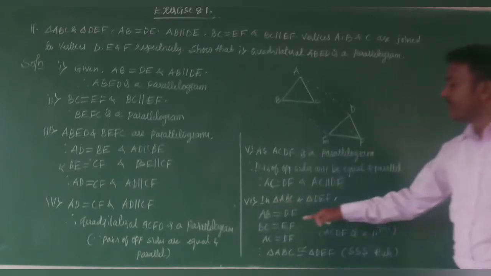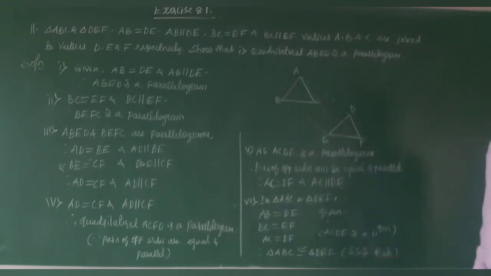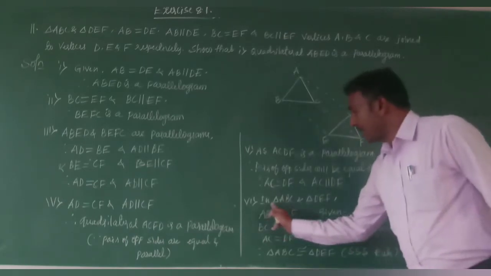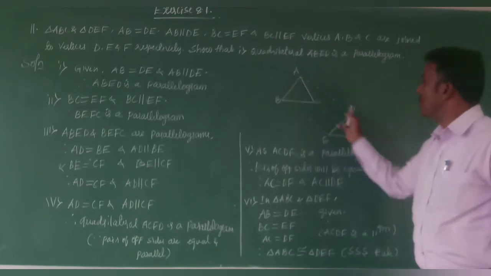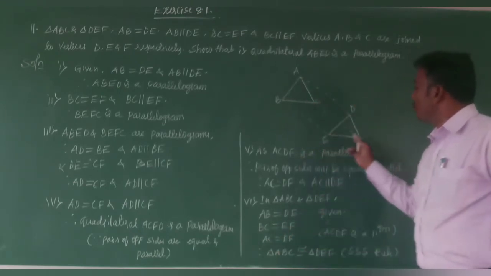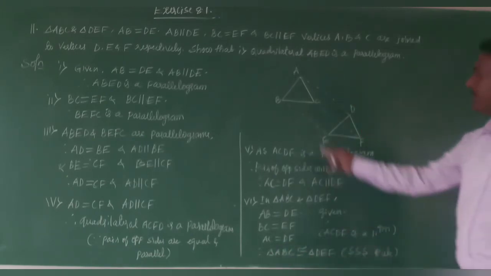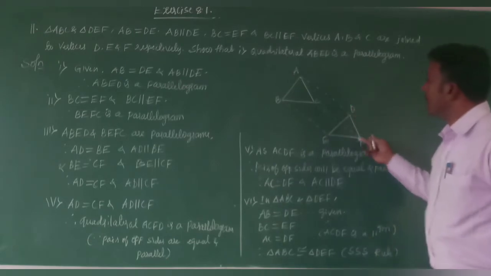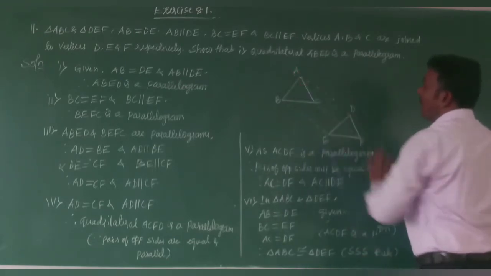And the last case is we need to prove triangle ABC and triangle DEF are congruent to each other. In triangle ABC and triangle DEF, AB is equal to DE, already given. BC is equal to EF, this is also given. And AC is equal to DF because ACFD is a parallelogram.